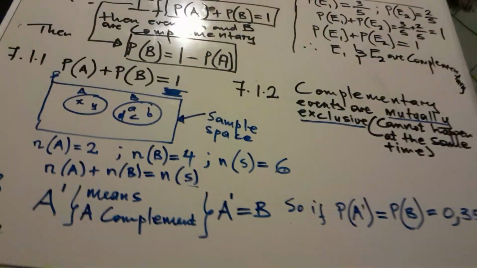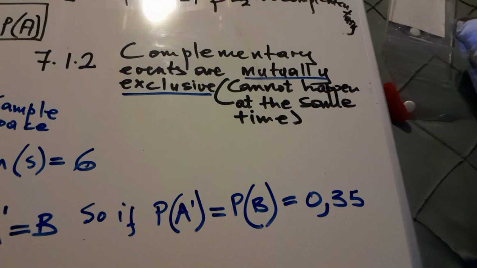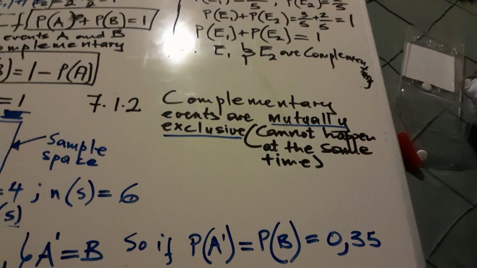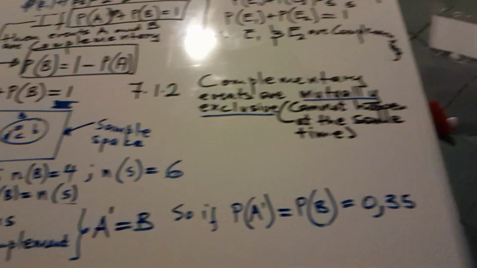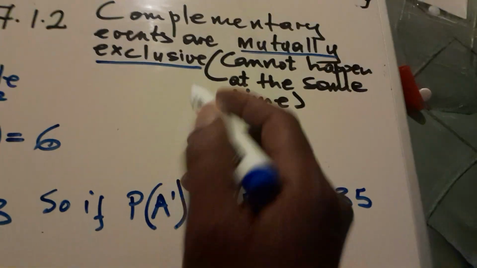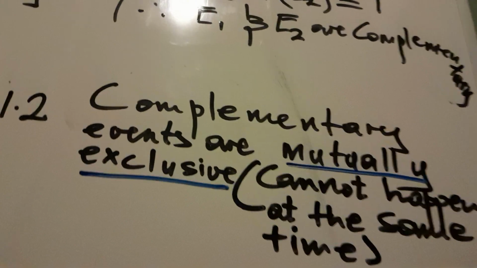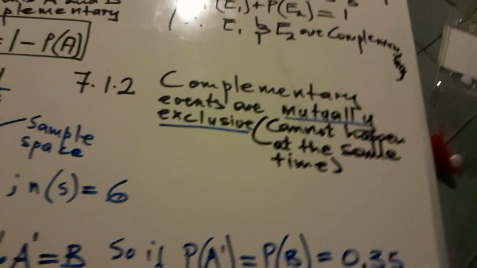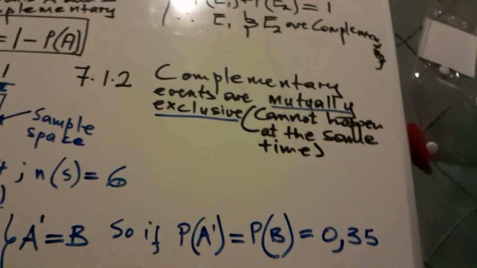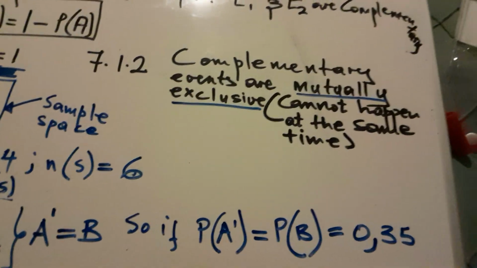Then 7.1.2, you were to write down the value of probability of A and B. Now, that probability is 0 because it is not going to happen. Remember what I said in the previous lesson. If the probability that an event can never happen, then we put it as 0.